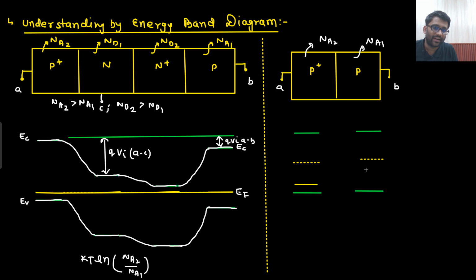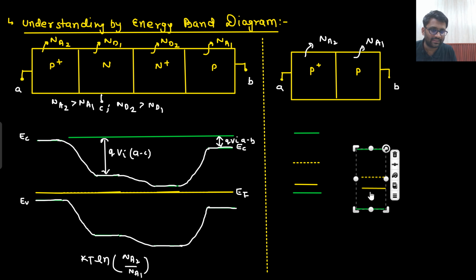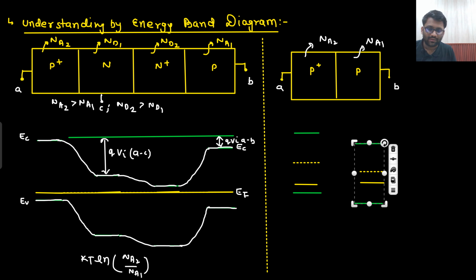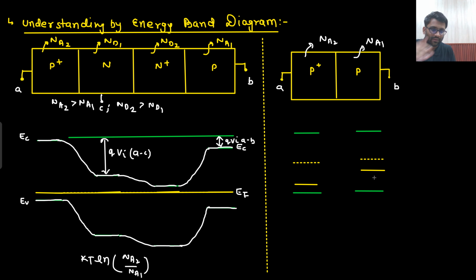This would be your Fermi level, and here this would be your Fermi level, right? Now at the equilibrium, they need to maintain the same space. That means this guy can come downward. So if they are at the same place now, previously this is the condition. Now this guy needs to come downward. So basically, previously what was this distance? This distance was KT ln Na2 divided by Ni, right? Na2 divided by Ni.